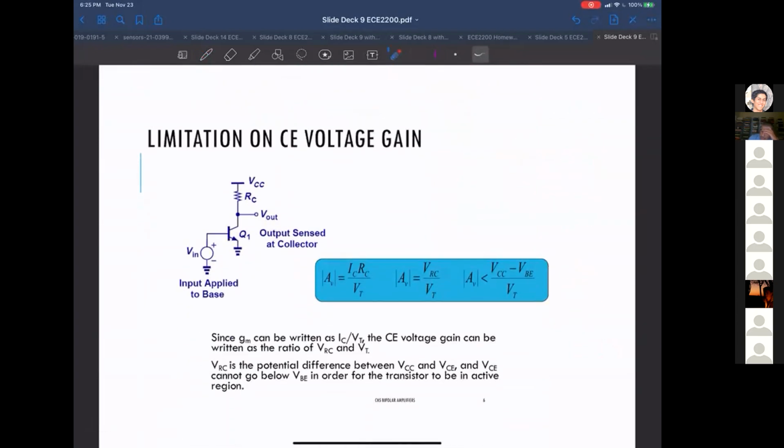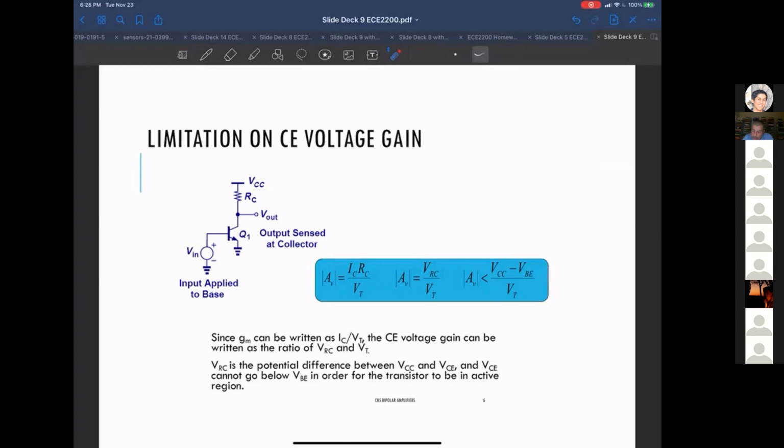Now, the book likes to talk about the maximum gain you can achieve on a common emitter voltage amplifier. I guess it's important to think about it somewhat, but usually you end up with lower gain than this for various reasons, because of input and output impedance.